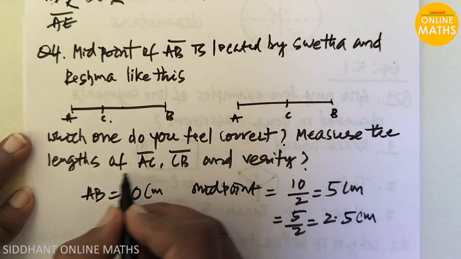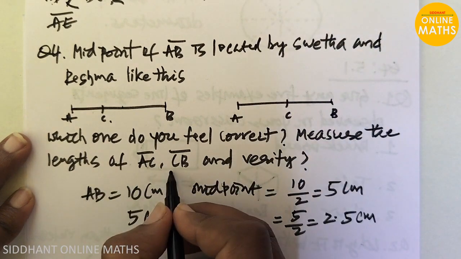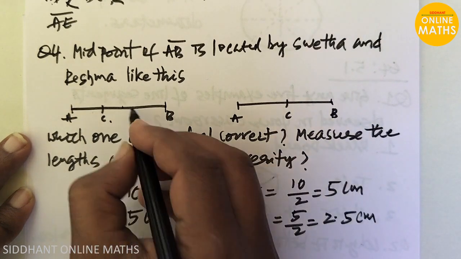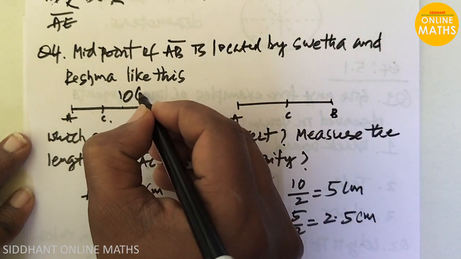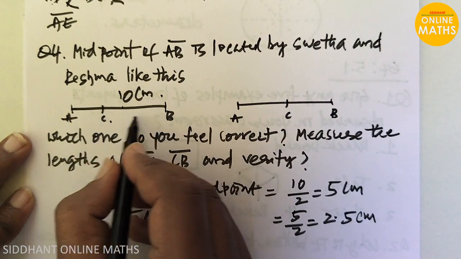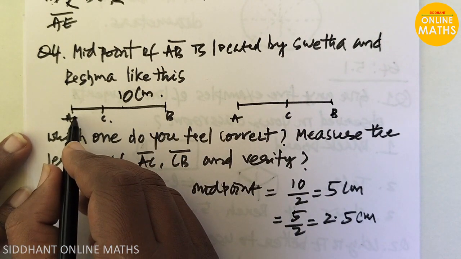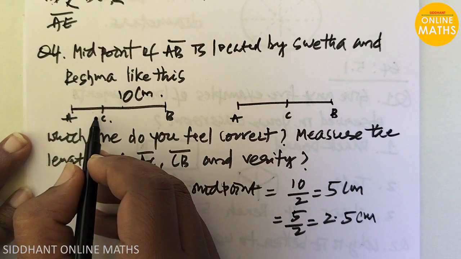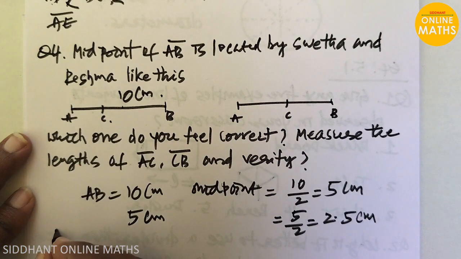So here, measure the lengths of AC and CB. Now suppose this is 10 centimeter, then from A to B will be 10 centimeter, but A to C will be 4 centimeter, suppose, and CB will be 6 centimeter.